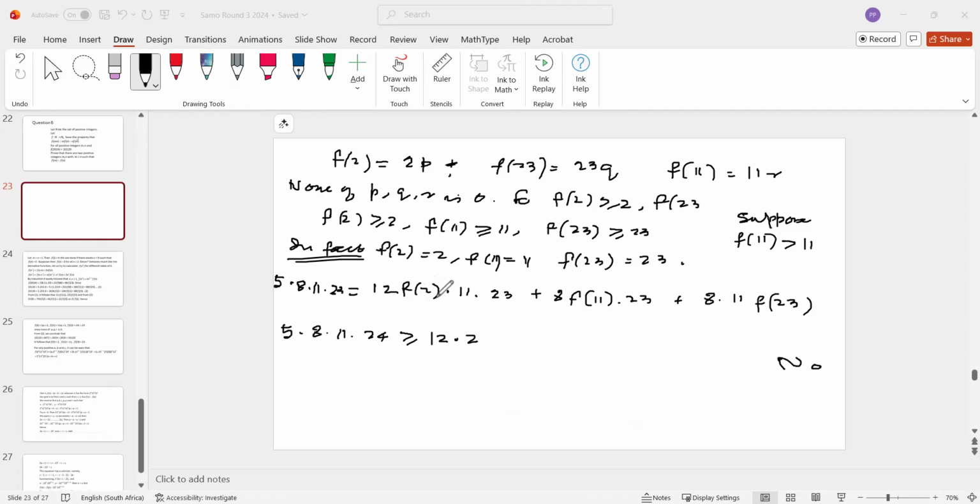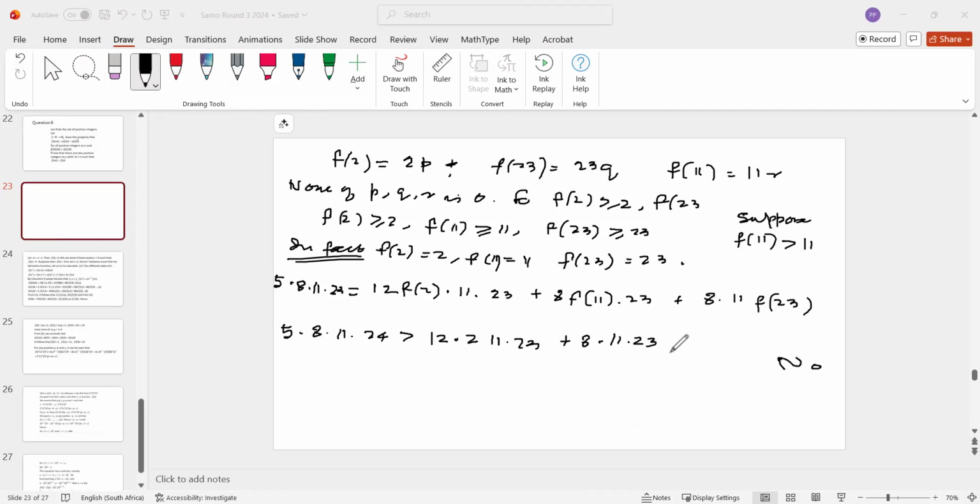F of 2 is greater or equal to 2, you see, times 11 times 23 plus, here, f of 11 is greater than 11, strictly greater. So instead of putting greater or equal to, I'm going to make this thing here 8 times 11 times 23. F of 11 is greater than 11. So what I'm going to do is the left-hand side is strictly greater, right, because one of them is strictly greater.